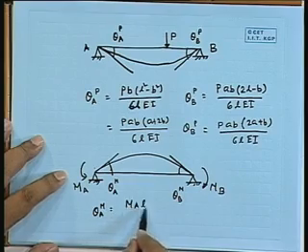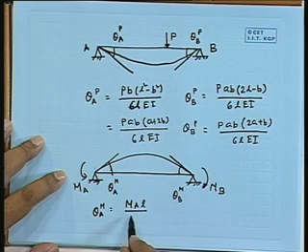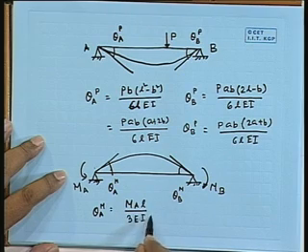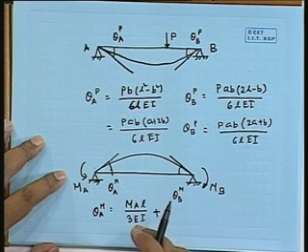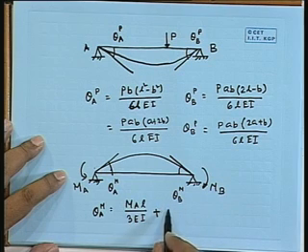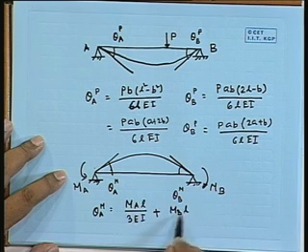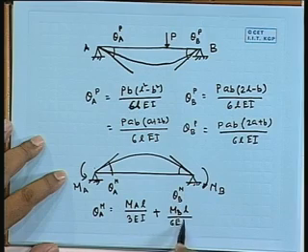So in that case, our theta AM will be mal divided by 3 EI plus mbl divided by 6 EI, right.